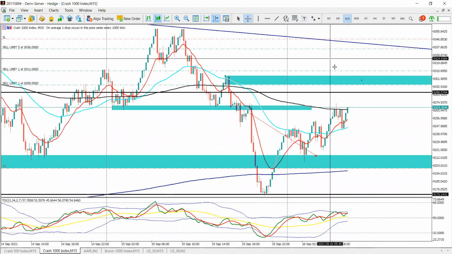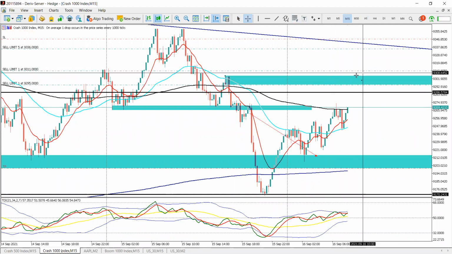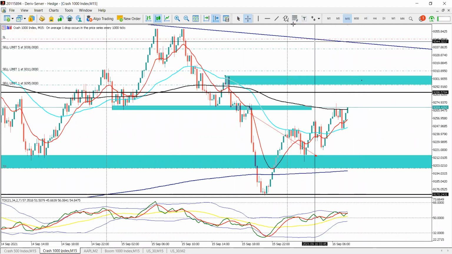Now I'm waiting for price to come into the zone here, which you see marked on top. If they come into the zone, I'll be expecting them to actually drop. So this zone is based off this one here. So that's why you see there's a limit here. Then there's this limit here. It's based on this zone here. So it's more or less the same zone.